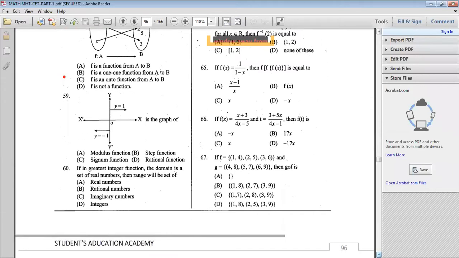Which function is this? Look at the graph. The graph is like that: y is equal to 1, y is equal to -1, and it is 0.